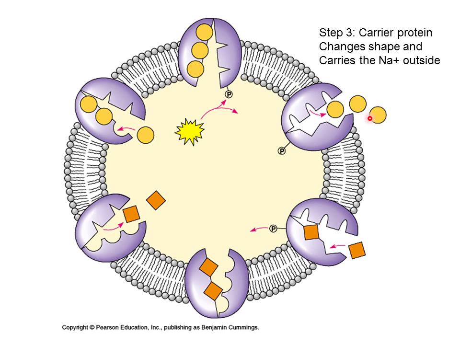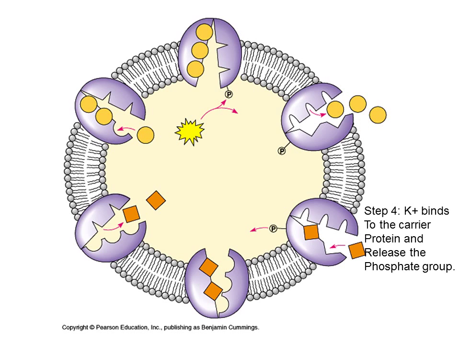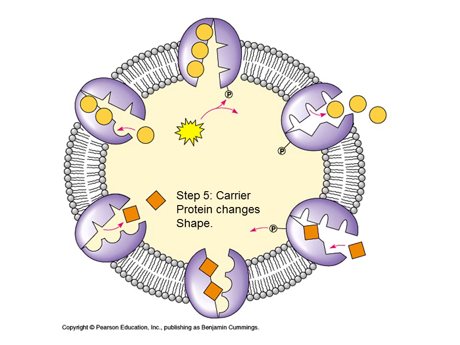Now, once they're on the outside here, it all sets up for the proteins now to accept the potassium ions. Now, when the potassium ions bind, it kicks off the phosphate group that was there, and that kicking off the phosphate group again changes the carrier protein shape. And when the carrier protein shape is changed, those potassium ions flow in.